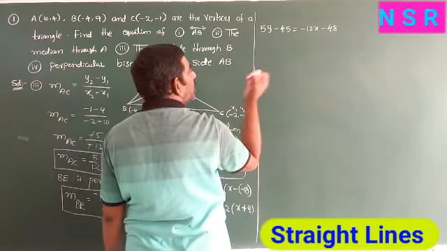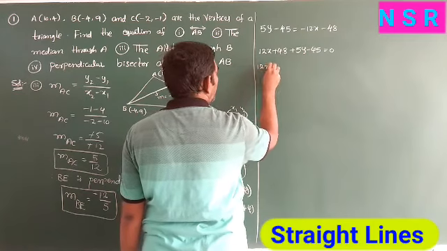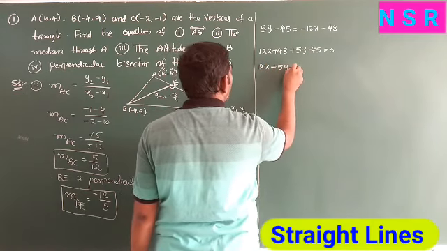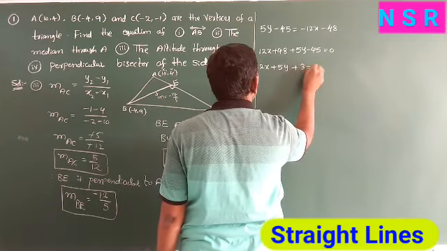So minus 12x minus 48, move this side, becomes plus 12x plus 48. Already here we have 5y minus 45 equal to 0. So we get 12x plus 5y, 48 minus 45 is equal to plus 3. So this is the BE altitude equation.